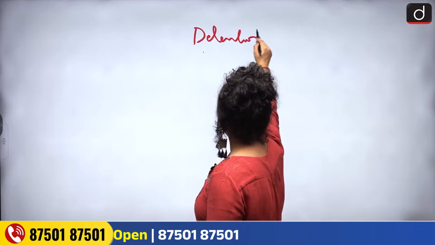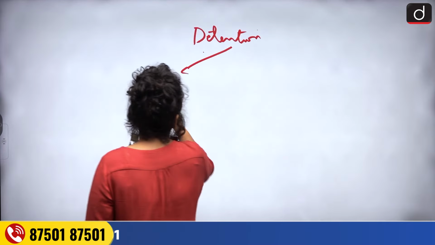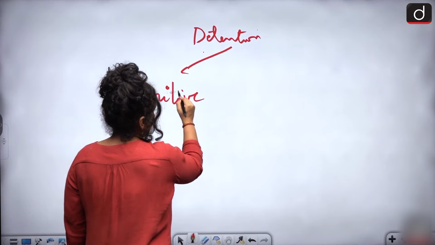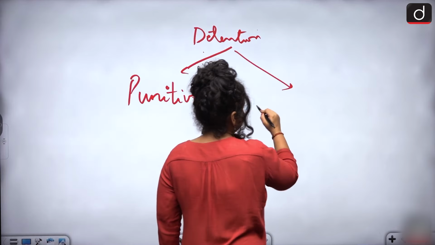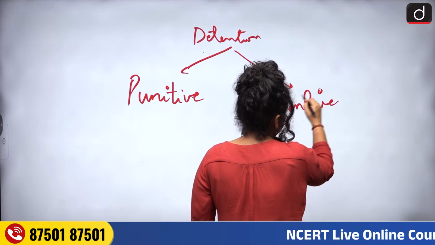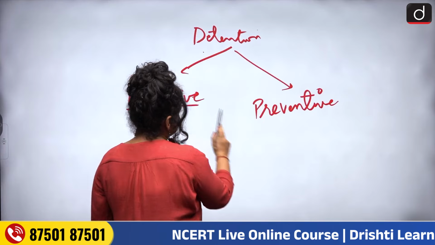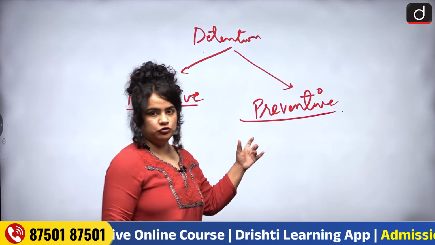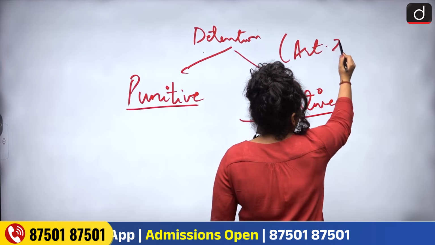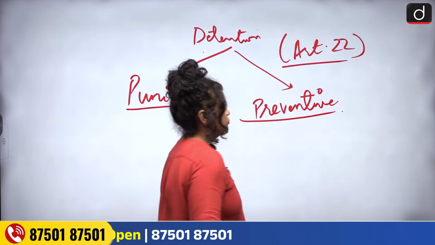Detention can be understood as punitive or preventive. Punitive and preventive. Both these types have been referred to in Article 22 of the Indian Constitution.